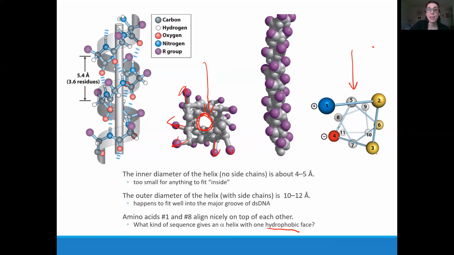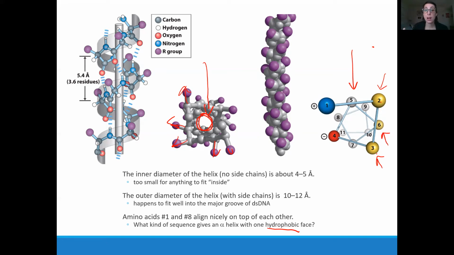Well, you can see based on the way that these alpha helices coil, you can have every second and third amino acid and then 6th amino acid.